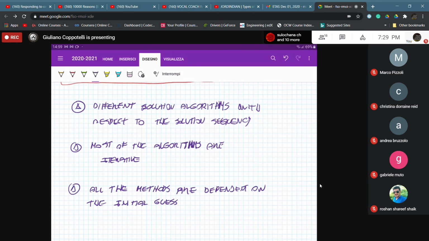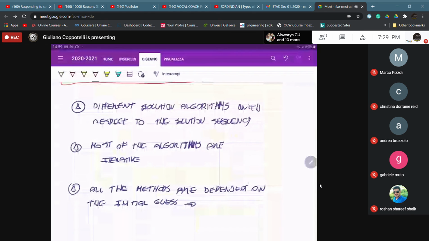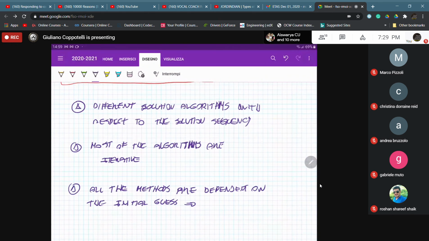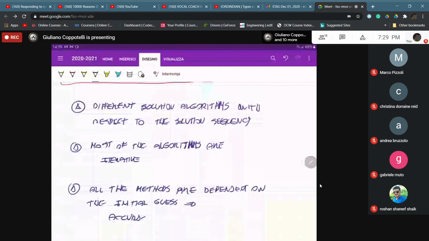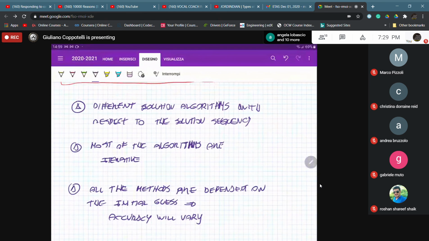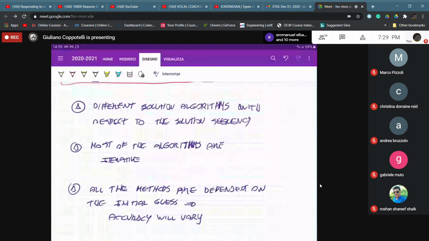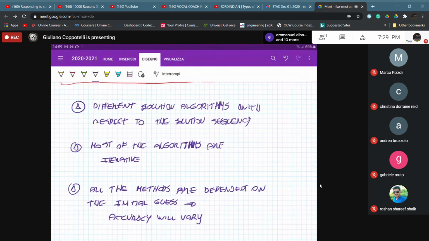So accuracy will vary, accuracy in the estimate. So that's it for the multi-degree of freedom based estimating techniques that are operating in the frequency domain.